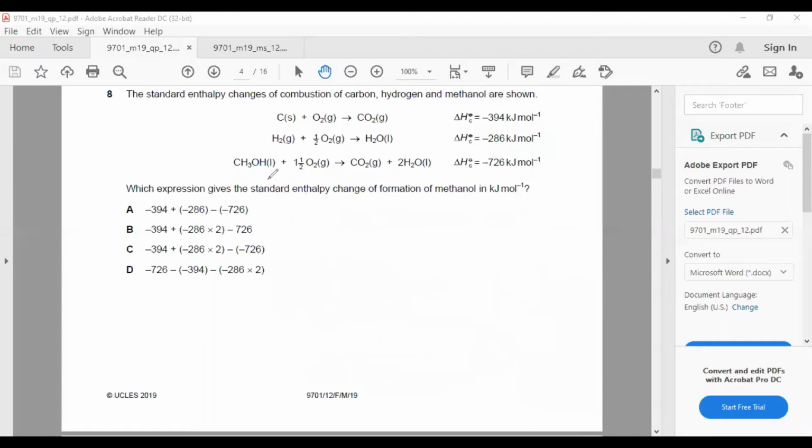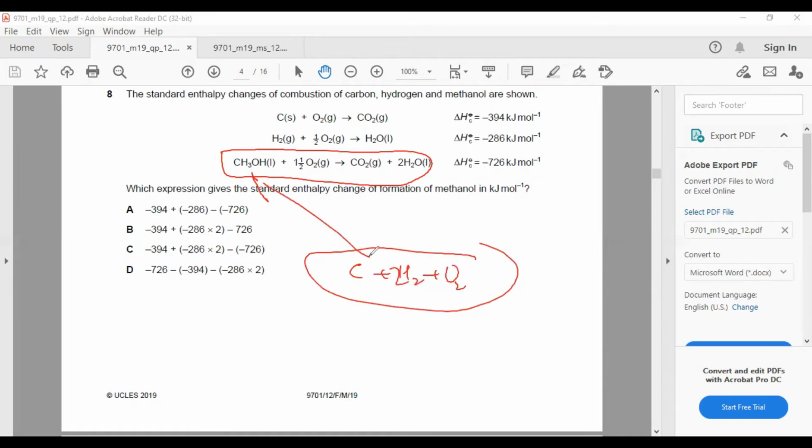There is a third method also. Use this equation. Now write the elements at the bottom. We have to find this formation.